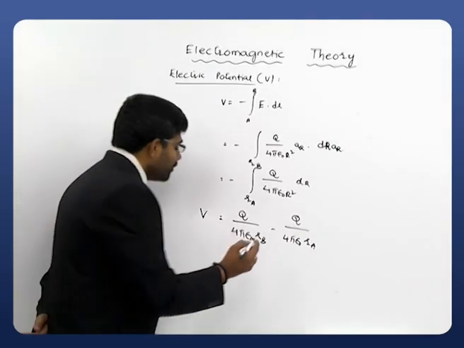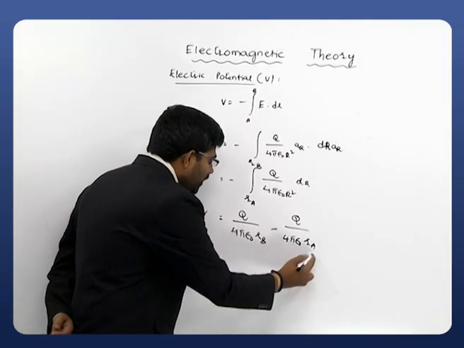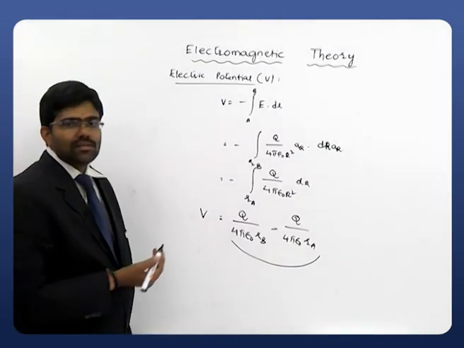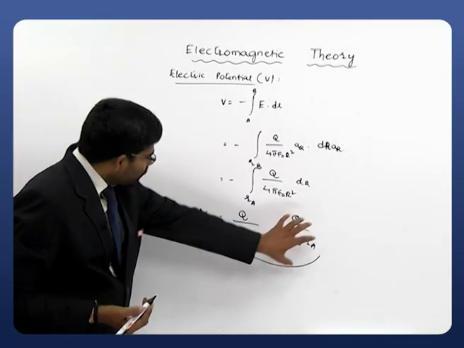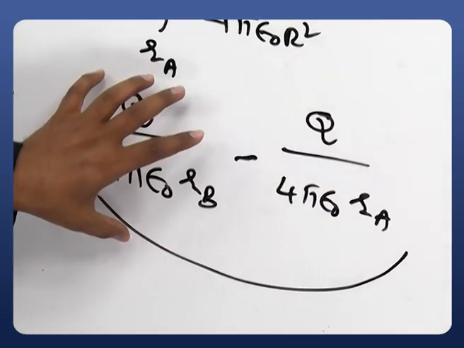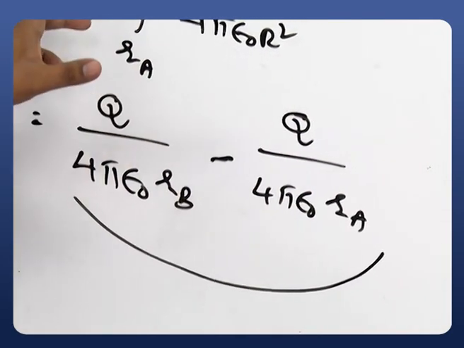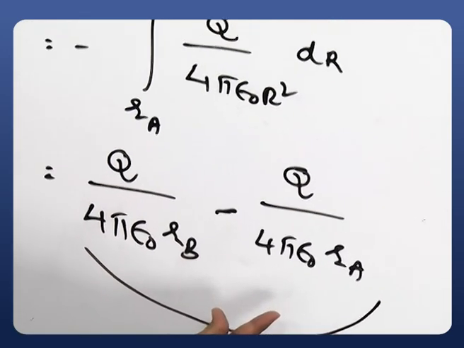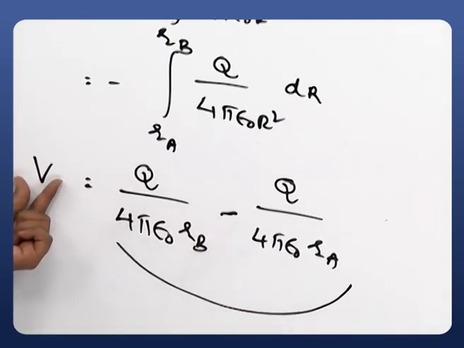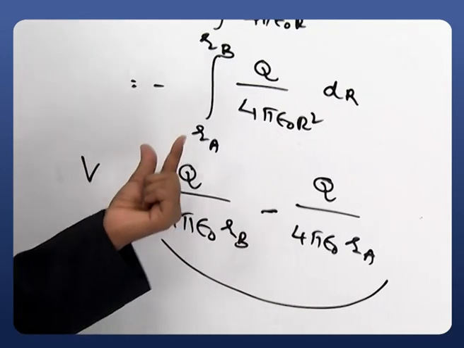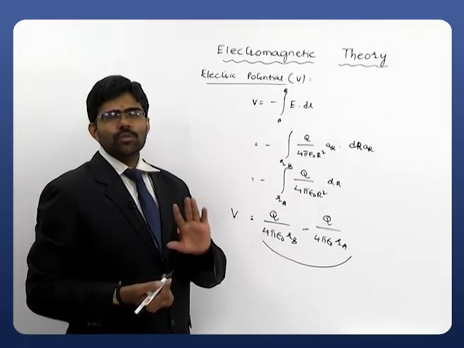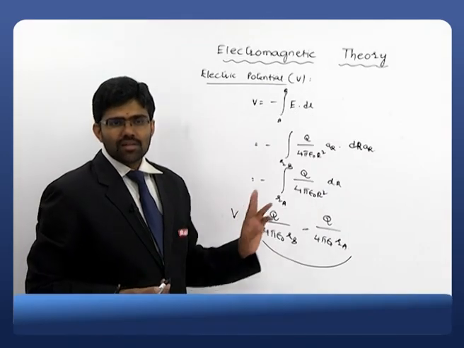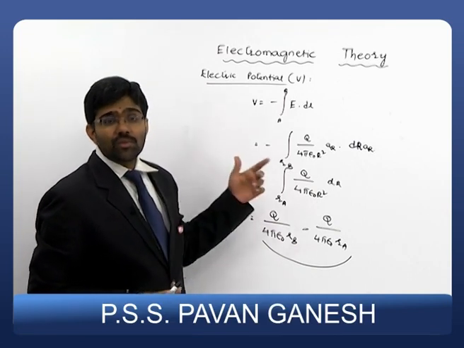If you observe, it is not a simple quantity, it is a difference of two quantities, something subtracted from another. It is called the difference of absolute potentials. That's why we always say V is the potential difference. We are not supposed to say V is the potential.